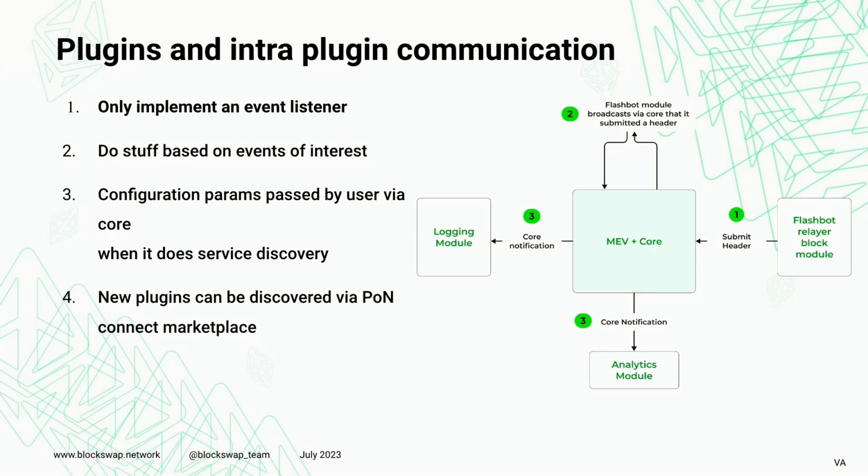For example, in this diagram, I've got a module that's talking to a Flashbots relayer, and that module can emit events through the core to other plugins. A logger might pick that up and push it into an ELK stack or whatever you want. Or you can build an analytics module. It's really up to the community. It's very plug and play, and anyone can spin up a plugin.